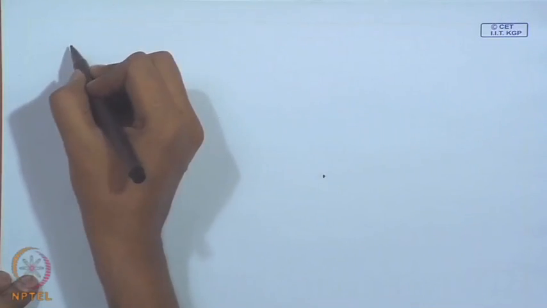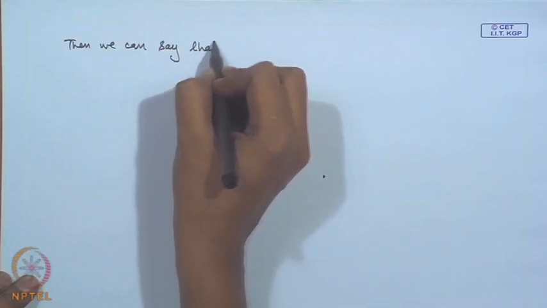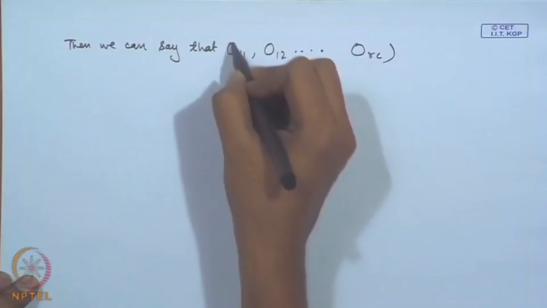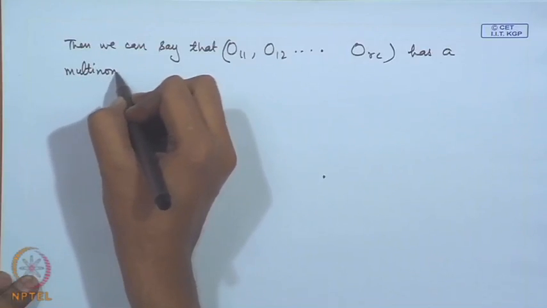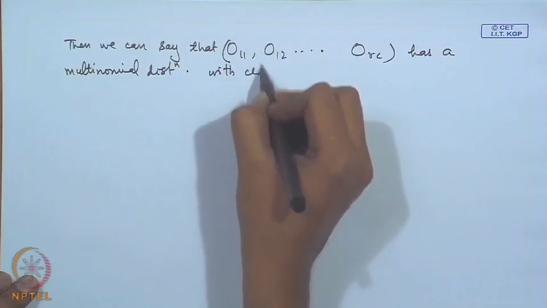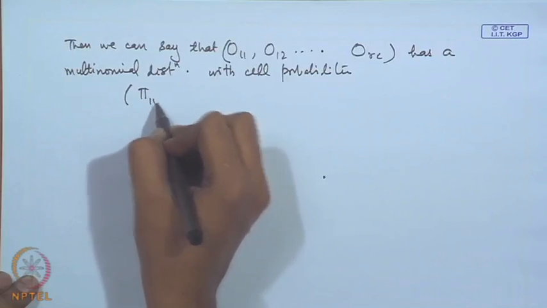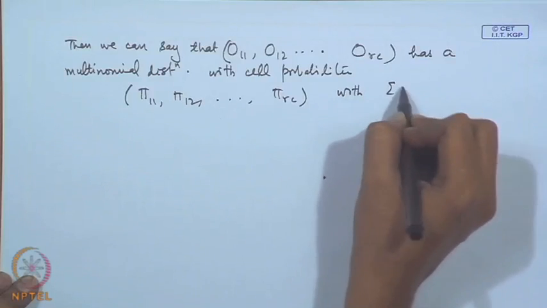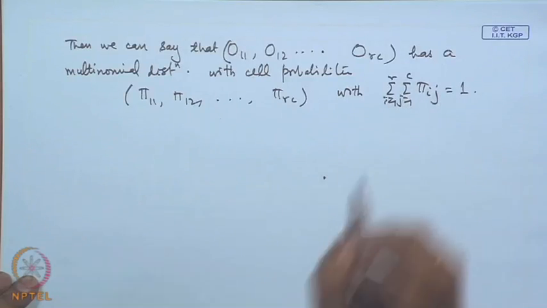So, then we can say that O11, O12 and so on, all of this taken together, has a multinomial distribution with cell probabilities pi 11, pi 12 and so on, pi r c, and sigma of pi I j, I equal to 1 to r, j equal to 1 to c, is equal to 1.